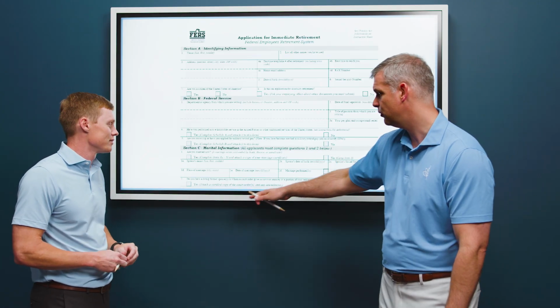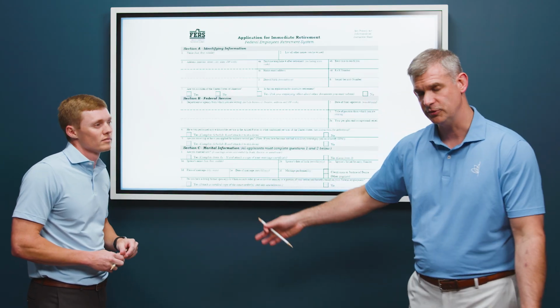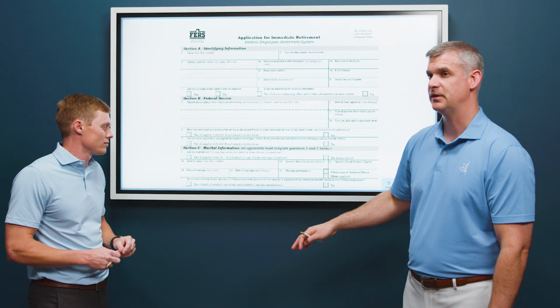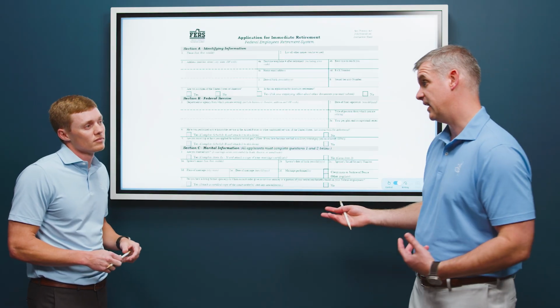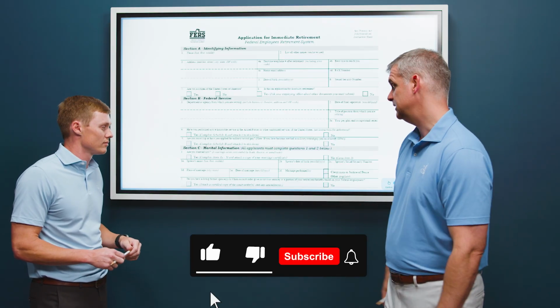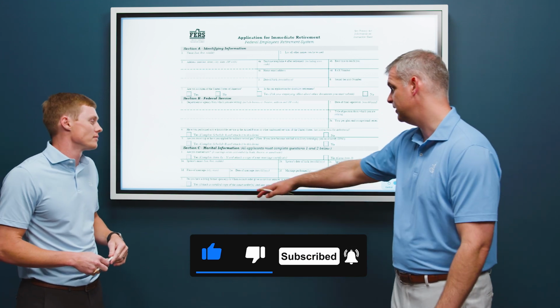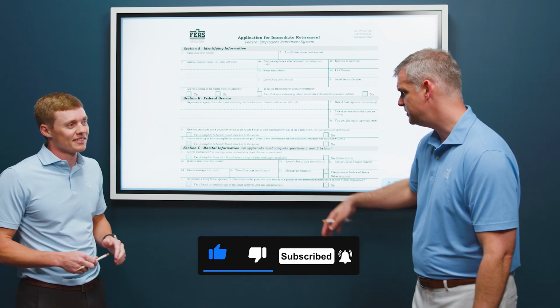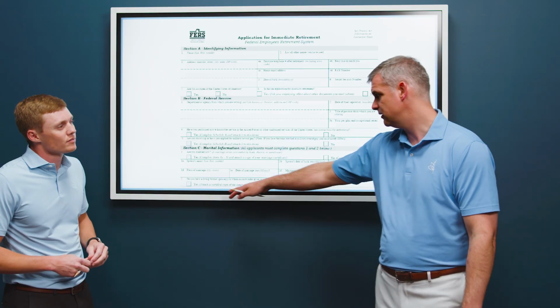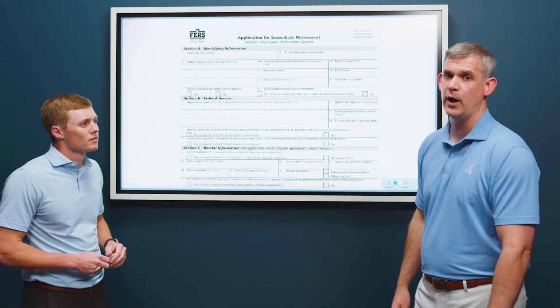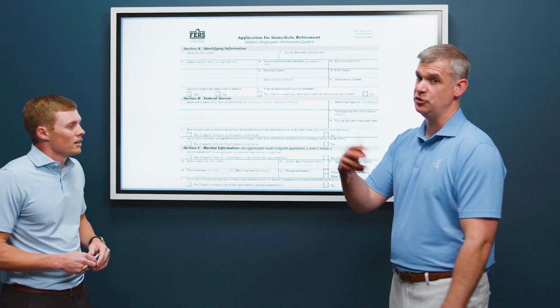But once again, like Forrest said, if you have a former spouse or you're married, there may be some benefits that they're entitled to. And so, like you said, if the divorce happened a long, long time ago, you may wonder where you kept all that copied stuff. But they want the attached copy of the court order if you are required to give some of your retirement to a former spouse.